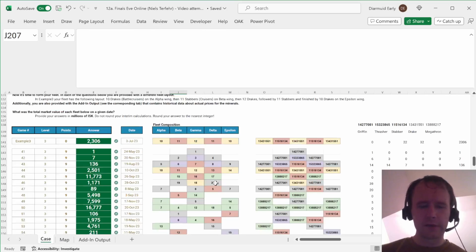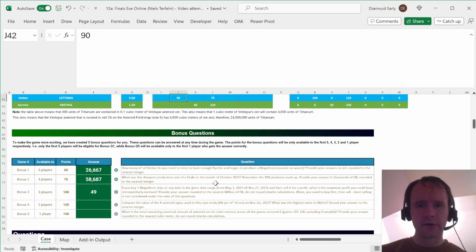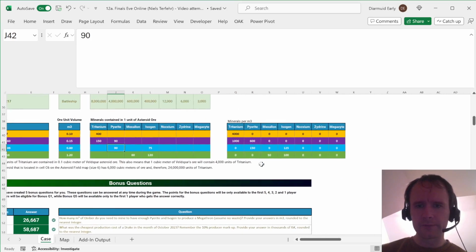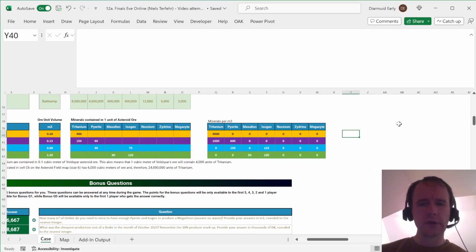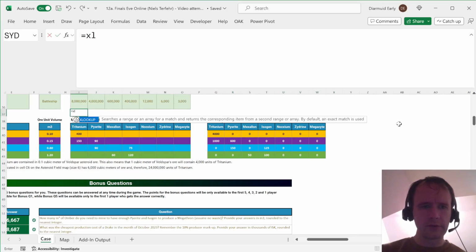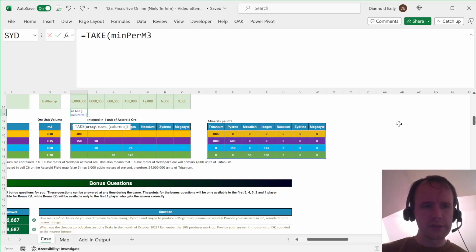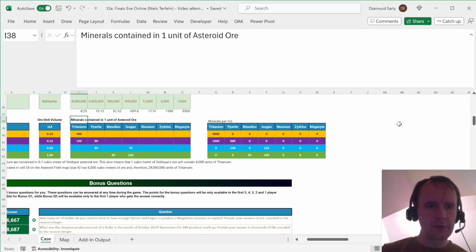So let's quickly work out. We're interested in per unit. So we're just going to take the first row of min prices. Sorry, not min per meter cube, min per. Take row 1.